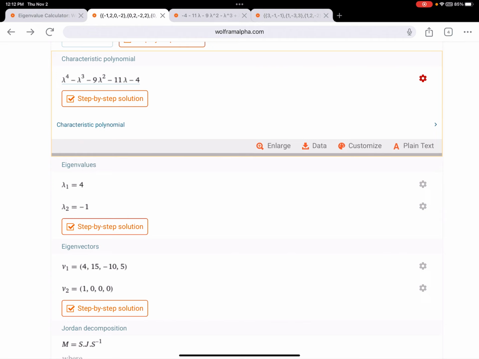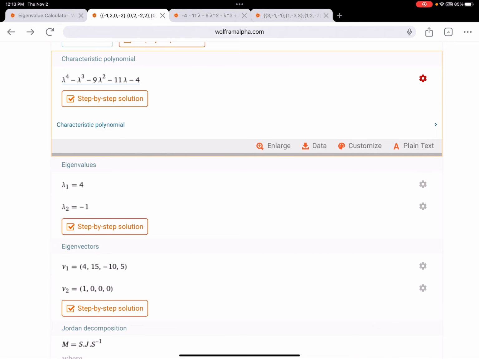And from previous discussions, that means that the eigenspace will have at most 3 linearly independent eigenvectors in its basis. But notice only one eigenvector is presented here, v2, which is the vector 1, 0, 0, 0. This is Wolfram Alpha communicating to us that this eigenspace, corresponding to -1, only actually has one linearly independent eigenvector in it. We knew it could have up to 3, but in fact in this case there is only one.